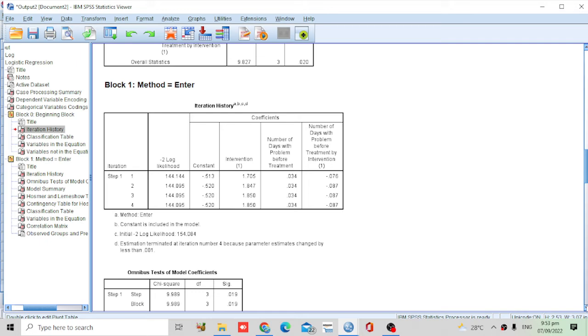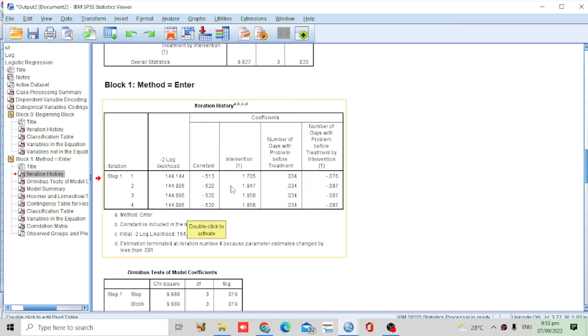For block 1 method, based on our iteration history, when we included our independent variables, we reached only 4 iterations. It converges in four iterations. So the negative 2 log likelihood is equal to 144.095.